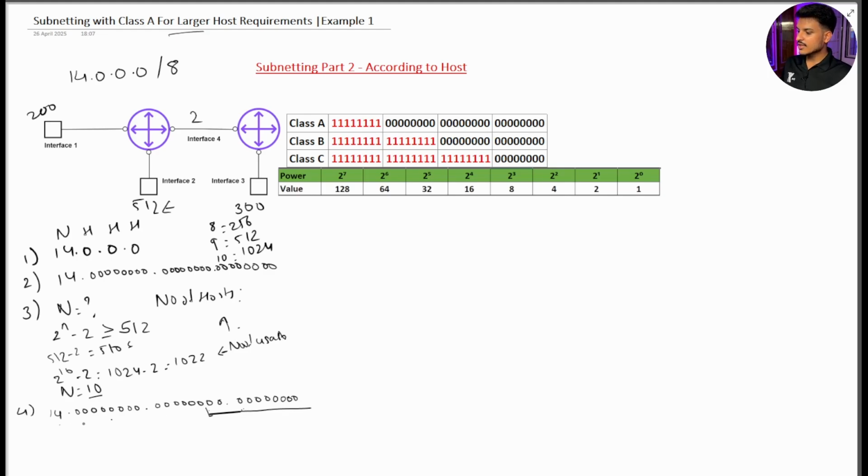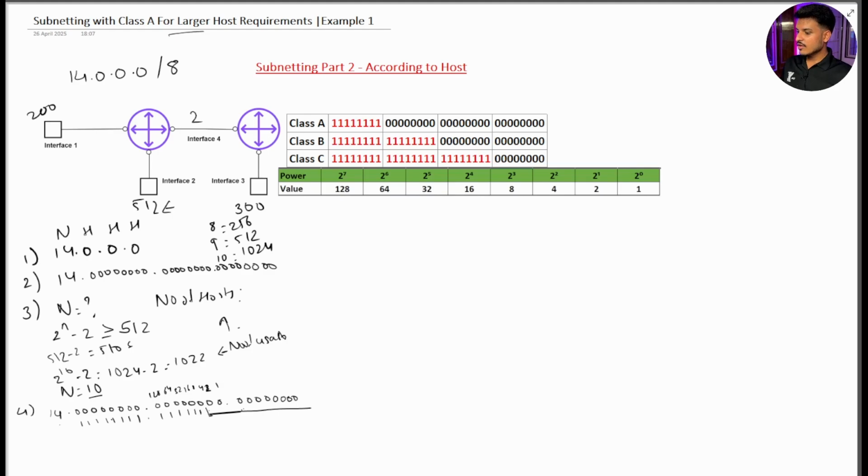The network bits are usually represented as 1, so I will replace them all with 1. Now let's see the value of each bit: 128, 64, 32, 16, 8, 4, 2 and 1.